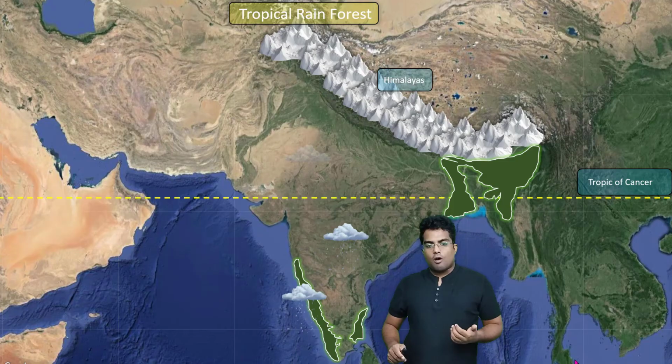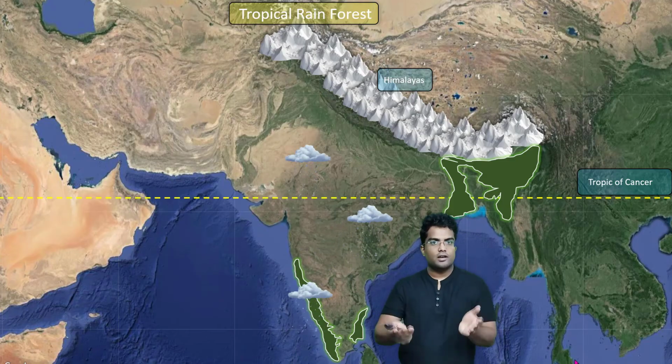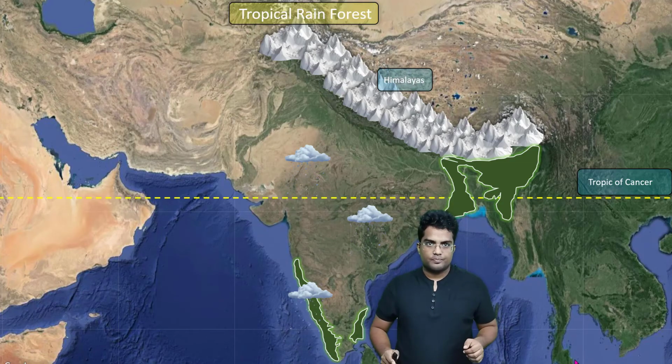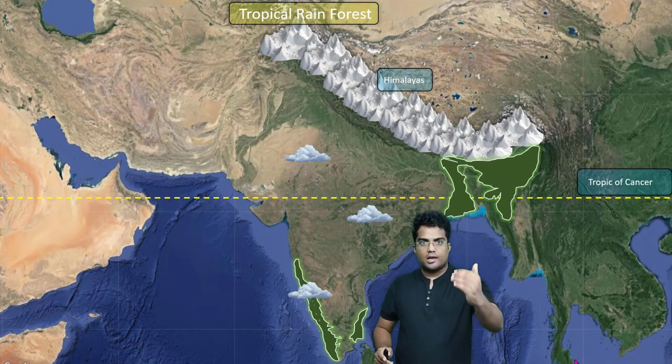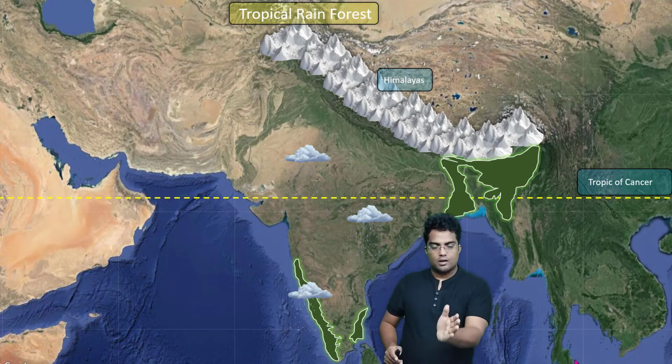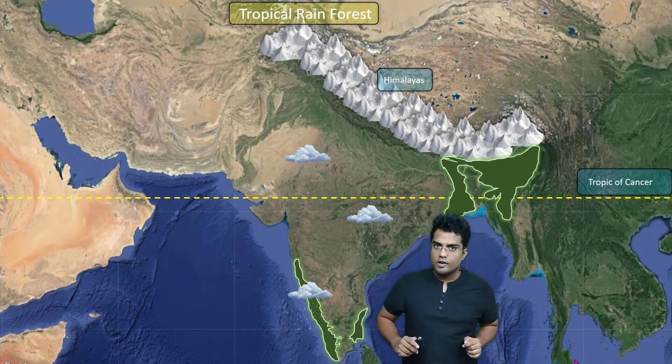Now the problem here is that once they reach the Indian subcontinent, they release all their moisture in the form of rains. Parts of Kerala and Goa and the whole of the Western Ghats receive the maximum amount of rainfall.